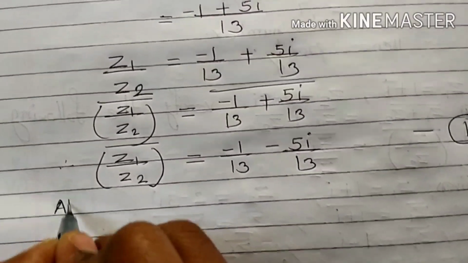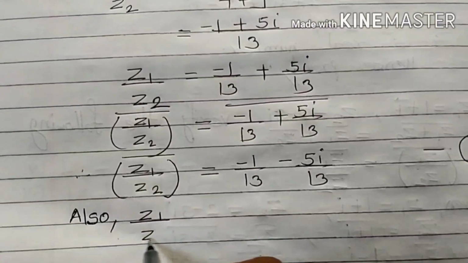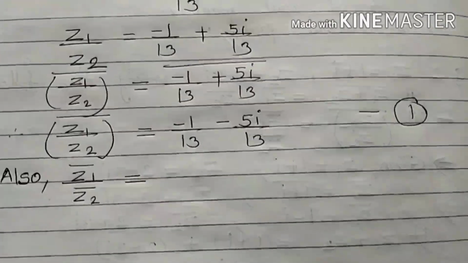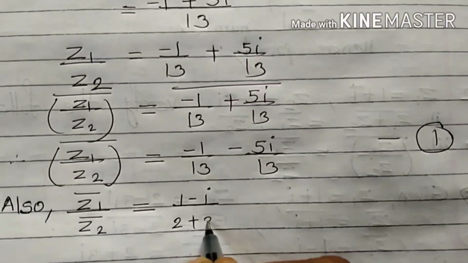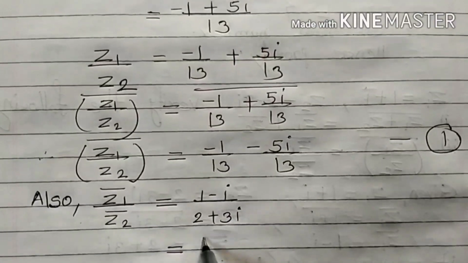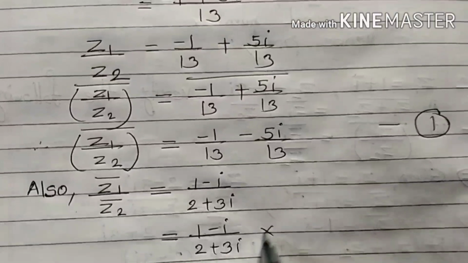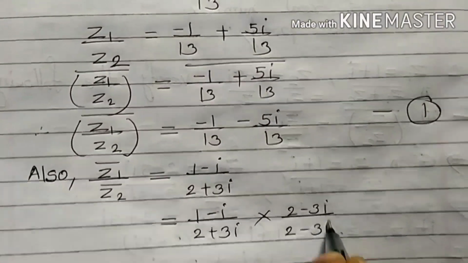Also, z1 bar upon z2 bar is equal to 1 minus i upon 2 plus 3i. Now multiply by its conjugate, 2 minus 3i upon 2 minus 3i.